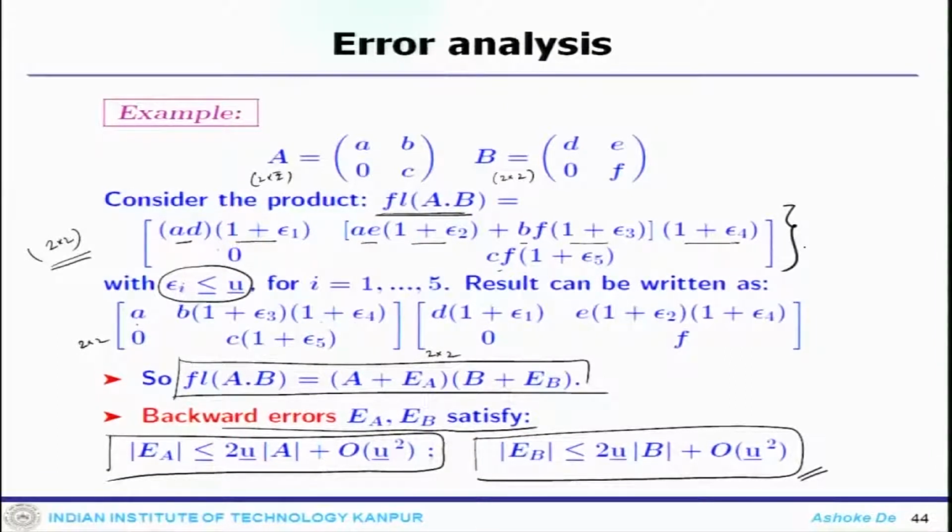And since all the epsilons which are considered, 1, 2, 3, 4, 5, are small numbers, you recast this particular system, or rather split it, into two different matrices A, B into 1 plus epsilon into 1 plus epsilon 4.